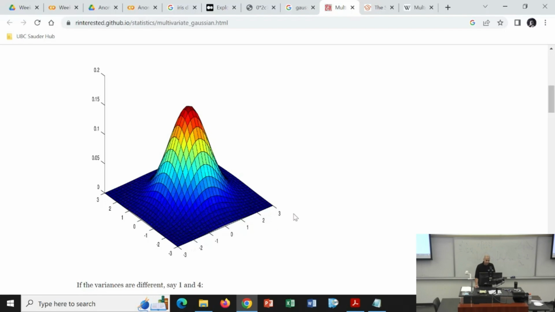Here we have some x1, which is from -3 to 3. We have some x2, which is also from -3 to 3. And the height of this bell represents, again, the density of this function. You can see that, for example, in the center of the distribution, the density is like 0.15.